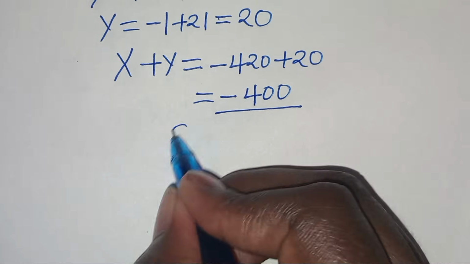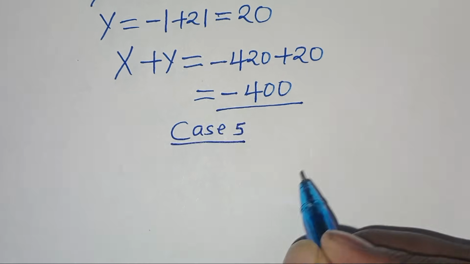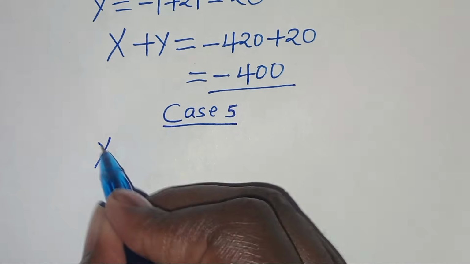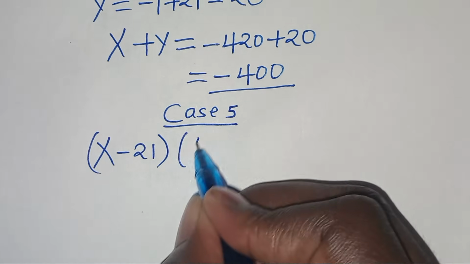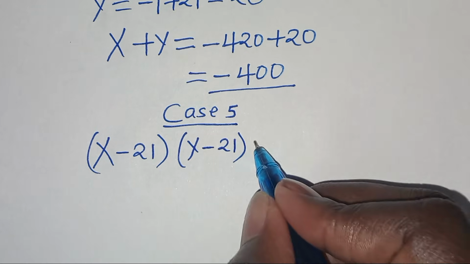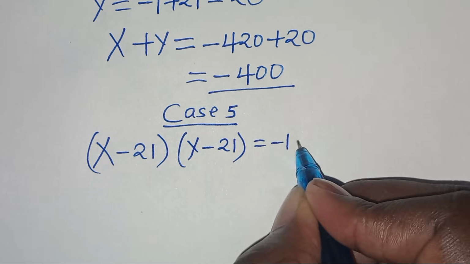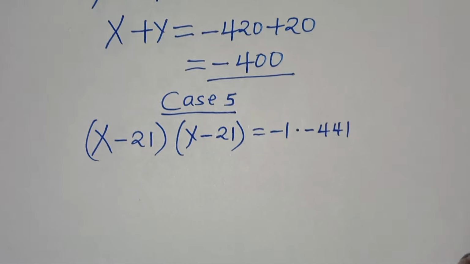Let's proceed to case 5. In case 5, we have x minus 21 multiplied by y minus 21 equal to minus 1 times minus 441.